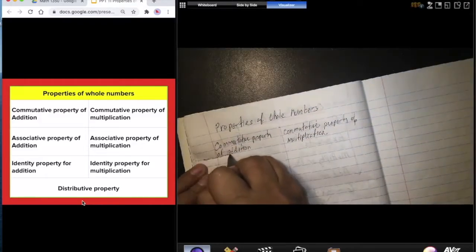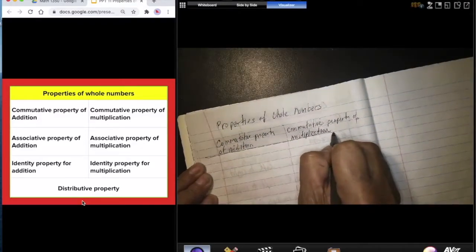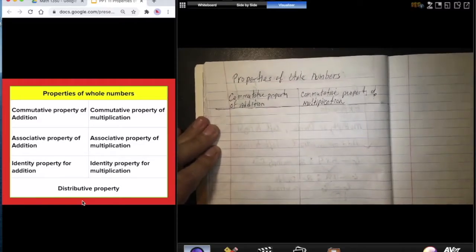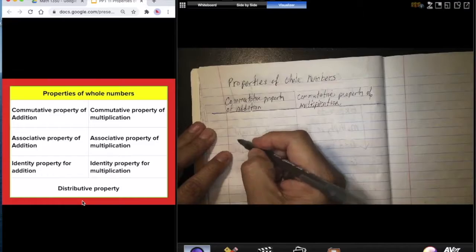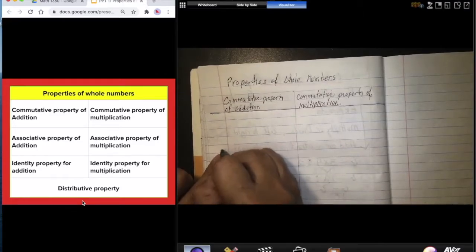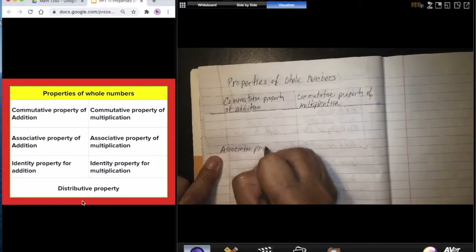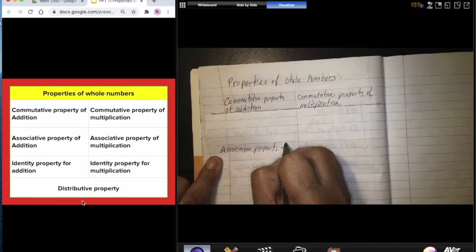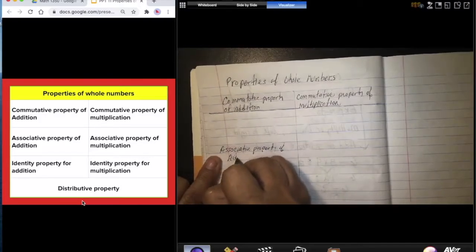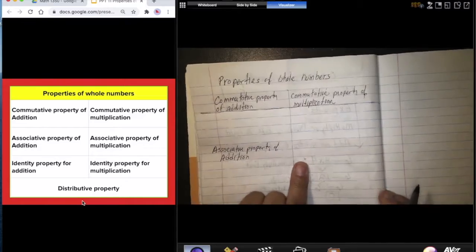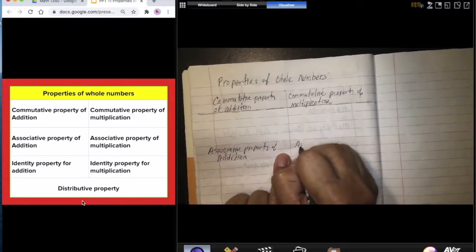Draw a line. I'm going to skip 4 lines, and then I'll put the associative property. And the associative property of multiplication.